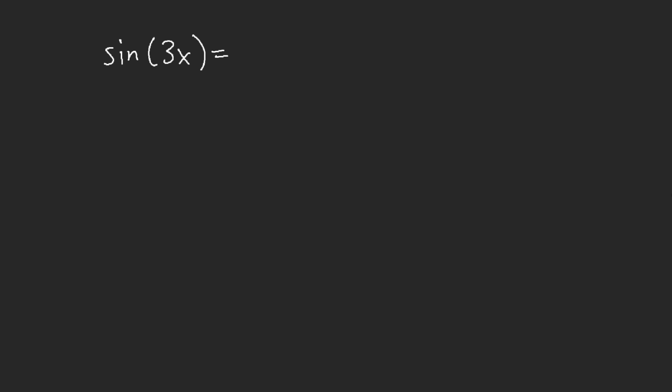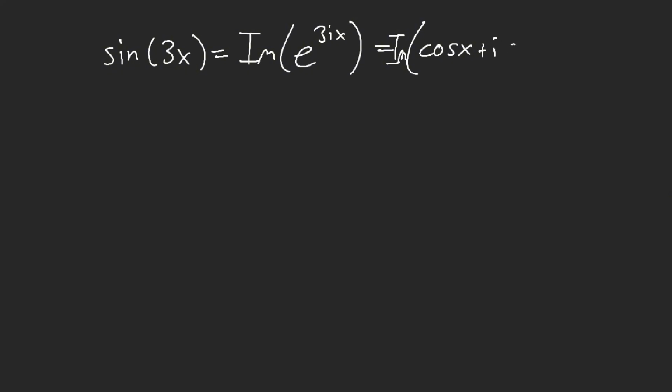This is equal to the imaginary part of e to the 3ix. And by de Moivre's theorem, this is cosine of x plus i sine of x, cubed. So you have to cube it.